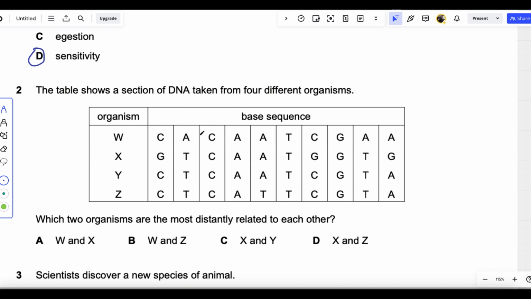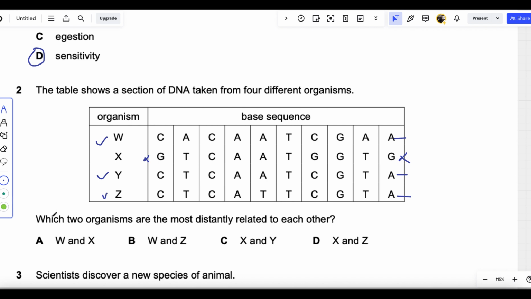Okay, you see how they began and how they ended. W, Y, and Z end with A, but only X is different, it doesn't end with A. And only X starts with G, not C. So if you look at W, Y, and Z, they're kind of similar. Not exactly the same, but they're similar.